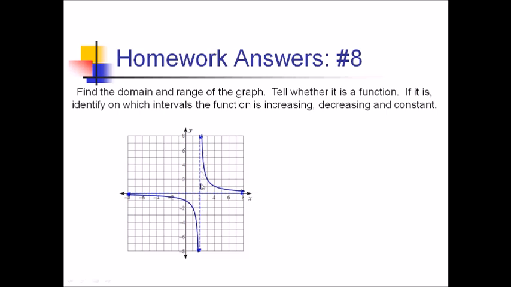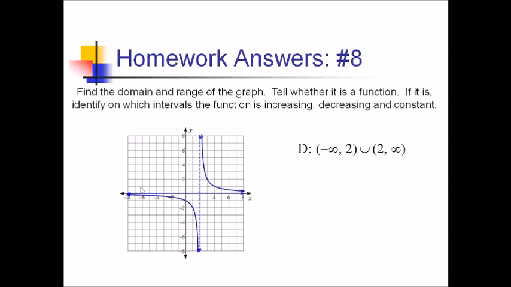This is a vertical asymptote, and it's not part of the domain. So our domain is going to be -infinity, comma 2, both parentheses, and then 2, comma positive infinity, with a union in there.